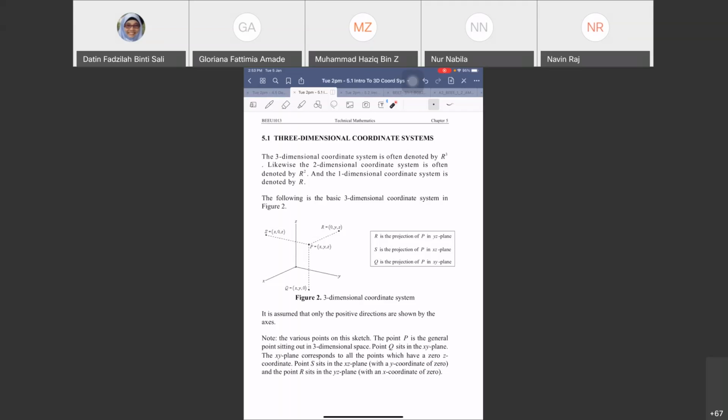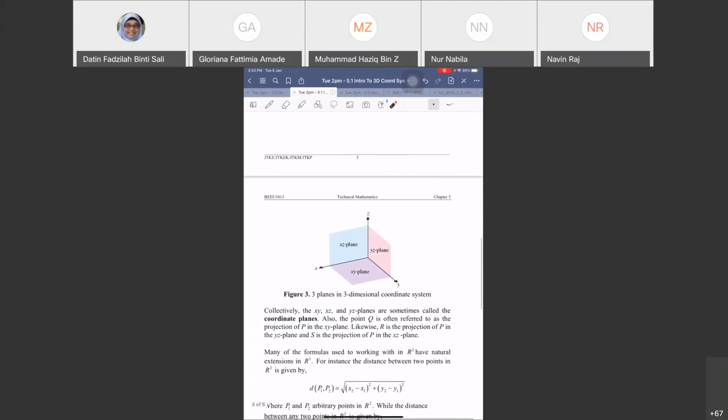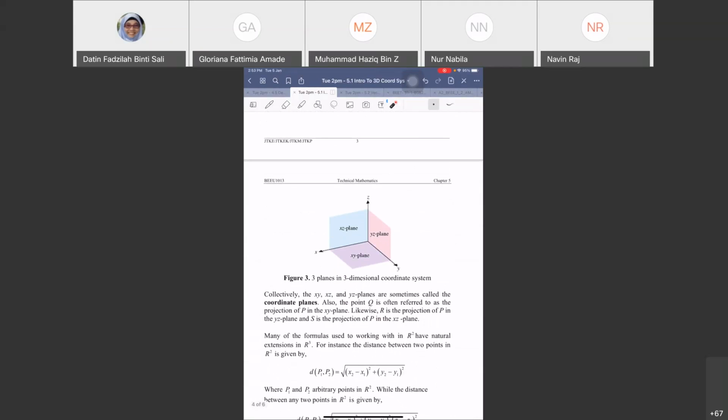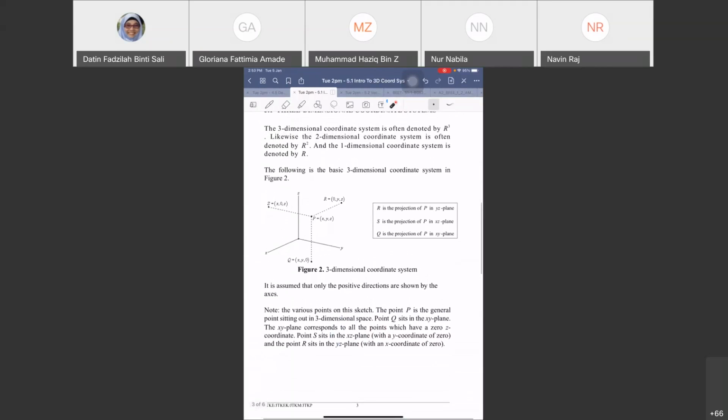Last time I showed you how to plot points in a three-dimensional system. This is another diagram. Two-dimensional is straightforward, your x, y coordinates. When we talk about three-dimensional, we have x, y, z.